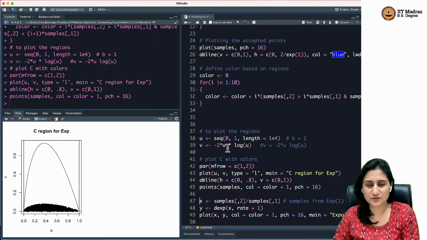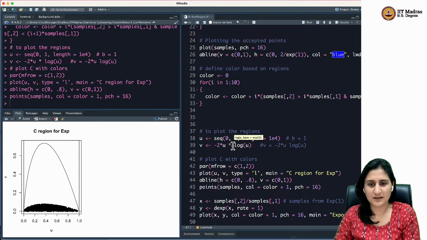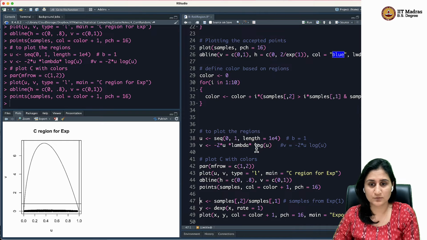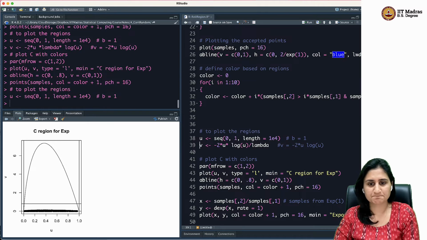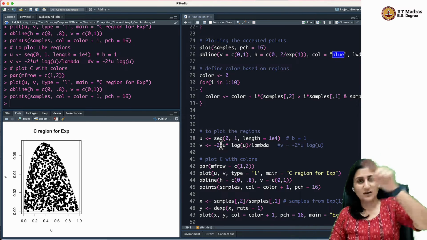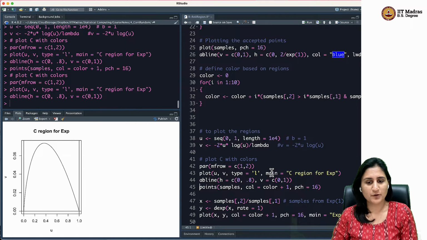Oops, I guess I should change this to minus 2 by lambda u times lambda. Let's try that again. Oh, I think divided by lambda, if I can remember correctly. If not, then we leave the code be. Yeah, there we go. I had to change also how the curve looks as a function of lambda. Okay, so I get these points.